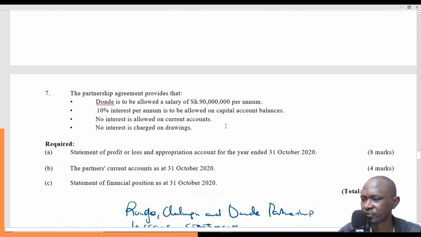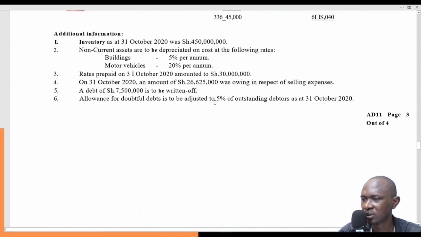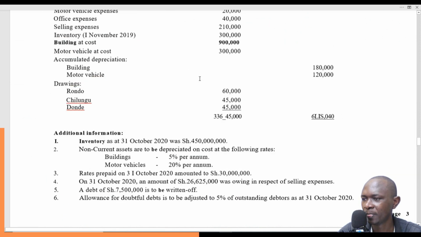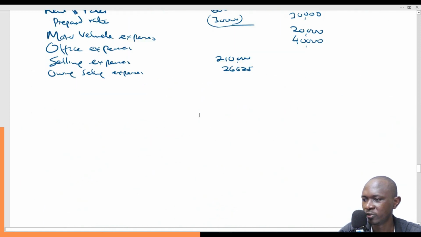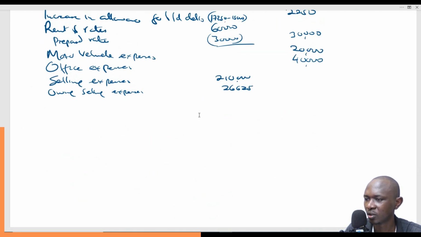When we add this one, you add because it was owing, it is part of the expenditures of this year. So this will give us 236,625.